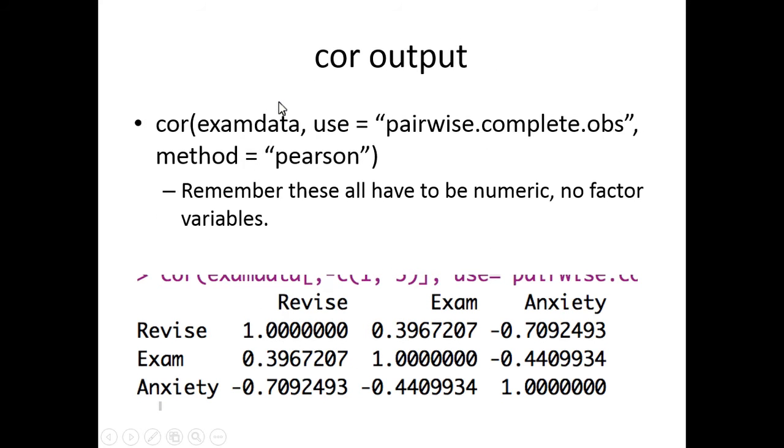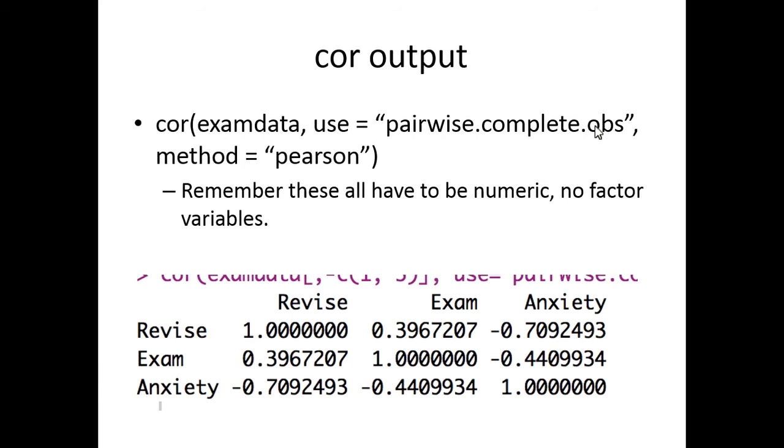Okay. So let's talk about how they work. Okay. So cor will give me everything. So I have exam data. You'll notice in the code I have to drop a couple columns. Remember that you can't use factored variables. It doesn't like that. So I dropped 2 columns that I wasn't caring about. We've got my use equals pairwise complete, so that'll drop NA values pairwise.